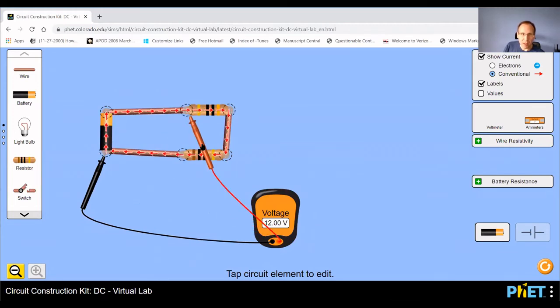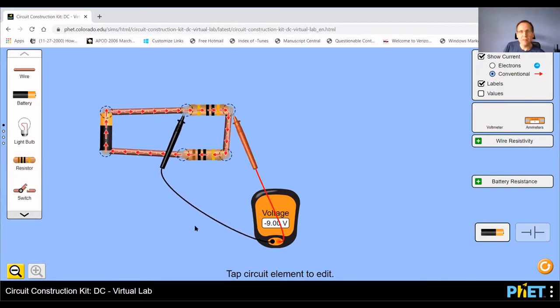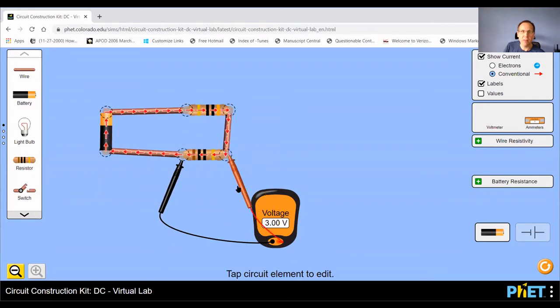So this would be positive, this would be negative. Now, if you reverse these, what would happen? You would just get a negative voltage. So it would still be the correct absolute value, but it'd be a negative voltage. And across this one, this would be the negative side, and that would be the positive side. That would be, I guess, delta V CD or VCD.